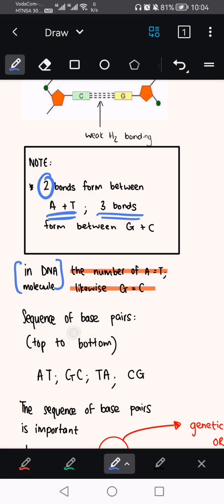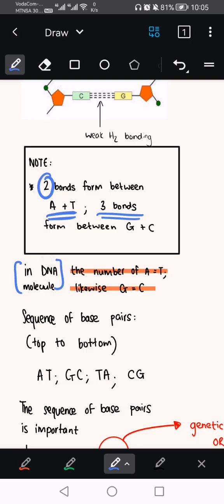Now, what I also want us to note is there's something called the sequence of base pairs. What is a sequence? Dear Grade 12s, we have been doing sequences in pure mathematics. A sequence means that it is running in a certain order. There is order to it, there is structure to it.